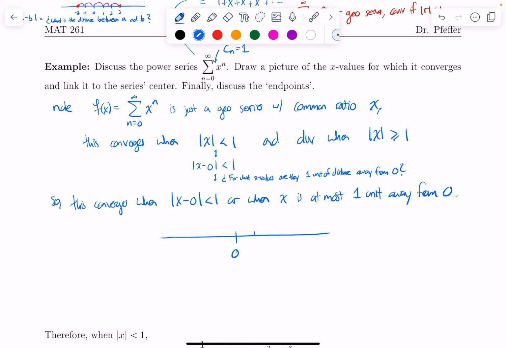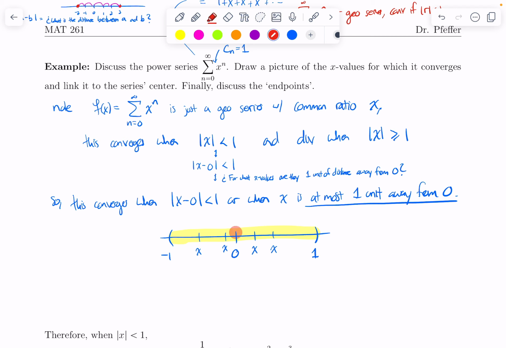I want all x values, that one, this one, this one, that one. I want all of them that are at most 1 unit away from 0. So if over here is -1 and over here is 1, then everything in between is fair game. Because all of those are less than 1 unit away from 0. Right?